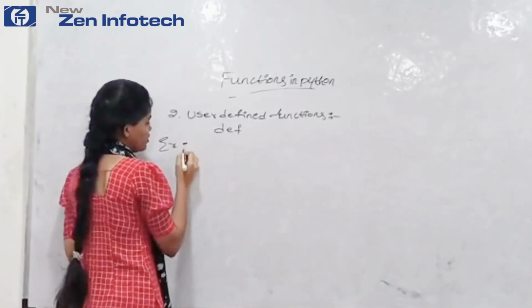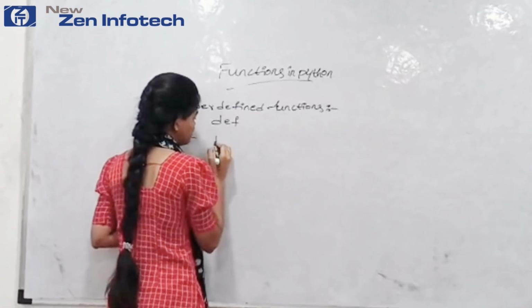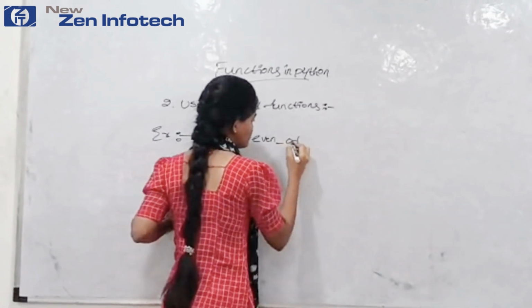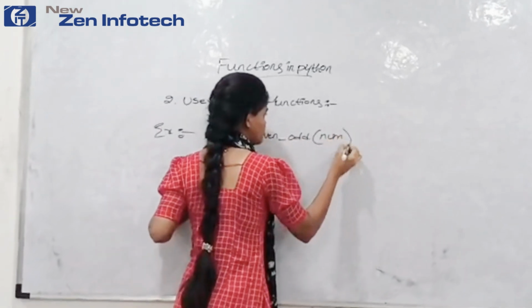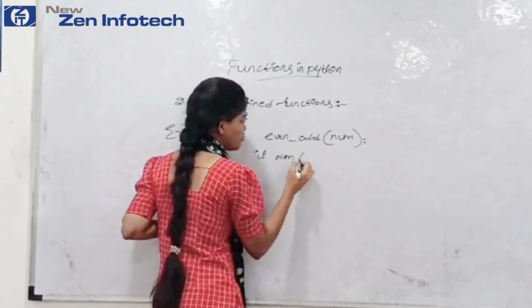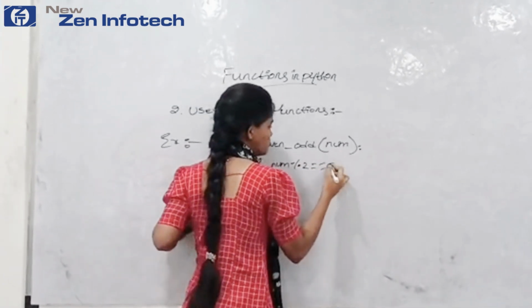For example, if you write the code: def even_odd, if number modulus 2 double equals 0.